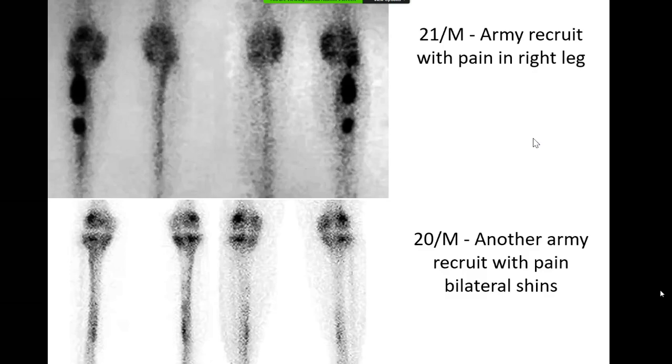And I've been told time and again by my orthopedic colleagues not to diagnose shin splint on imaging. It is a clinical diagnosis. So I take that part very seriously, and I don't try to diagnose shin splint on any kind of imaging.